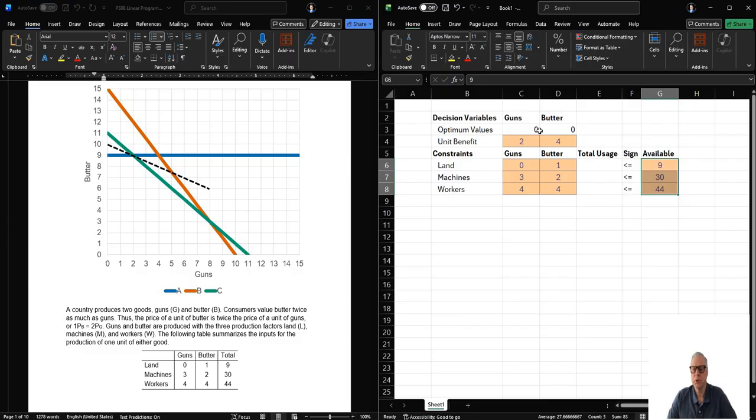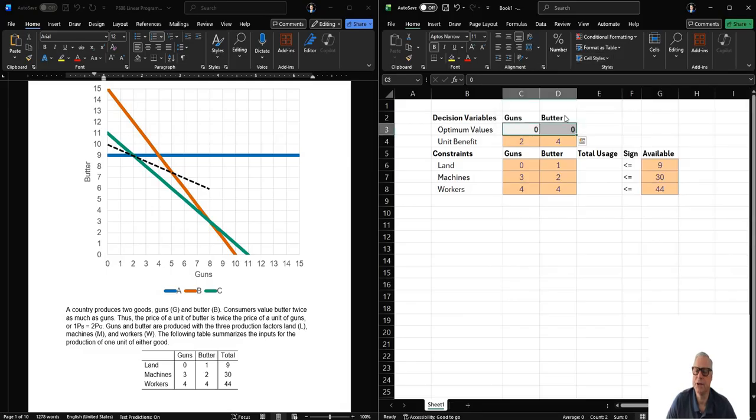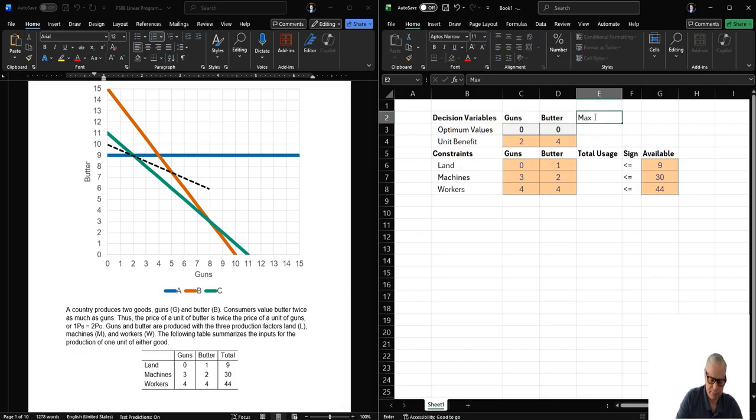So the total usage needs to be calculated from the calculation that Excel will do. So I say this is maybe an output. Excel will output what the optimum quantity is. Then I still need the maximum, let's say GDP, Y.